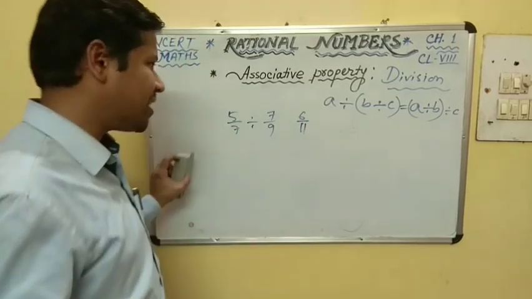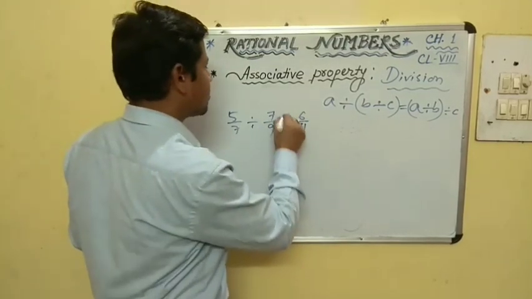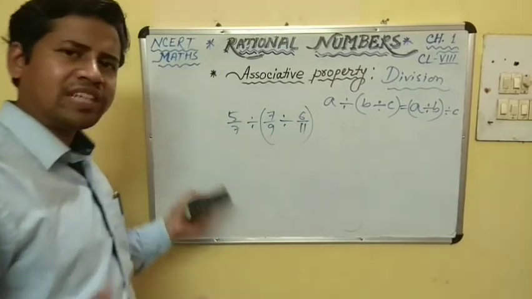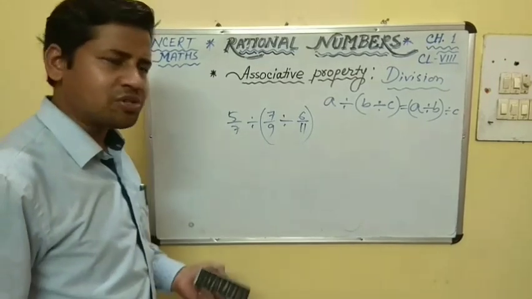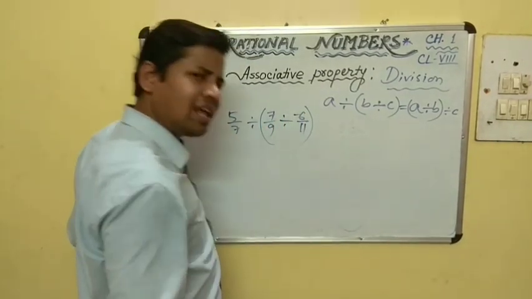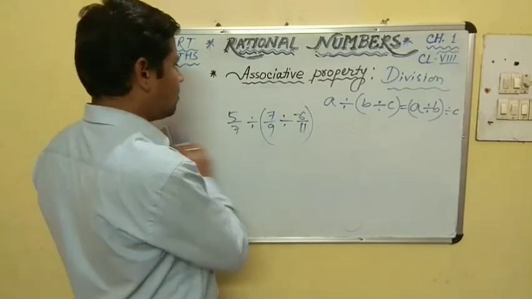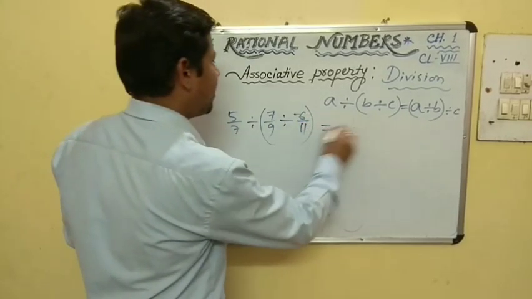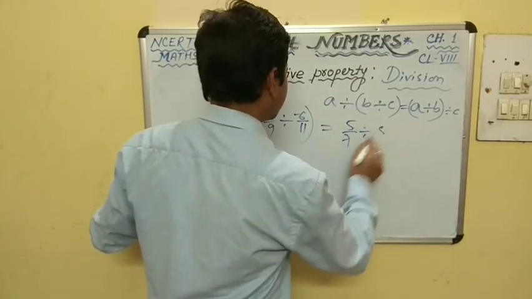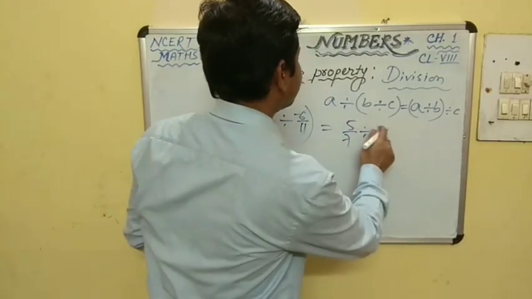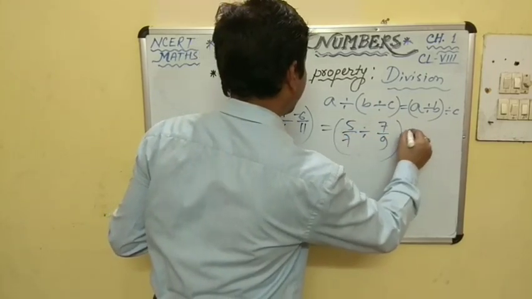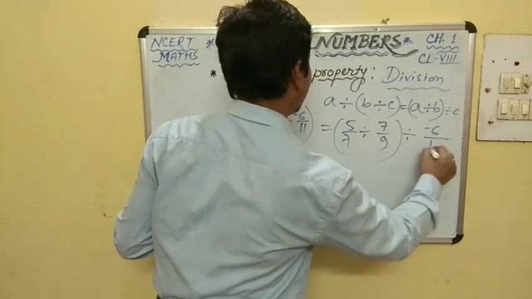Any numbers you can take. If you want to take a negative number also, you can use it here, no problem. Suppose I am taking this one as negative. So 5 by 7 divided by 7 by 9, divided by minus 6 by 11.